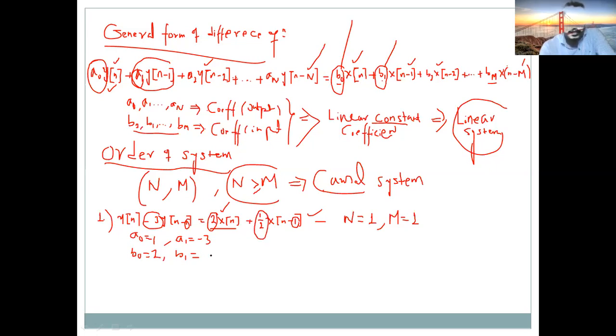It is half. These coefficients are constants, right? If the coefficients are constants, we can say our system is a linear system.